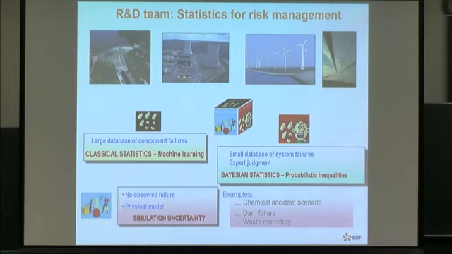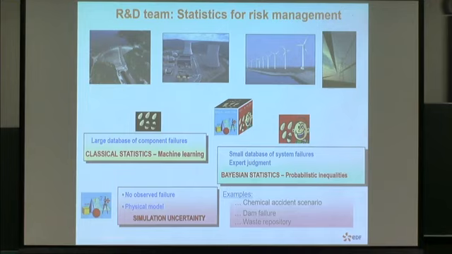In some other contexts, we have a very small database of system failures, and so we can deal with other tools like Bayesian statistics, or we can try to use simple probabilistic tools like concentration inequalities in order to qualify the systems and in order to compute some probability of failure.